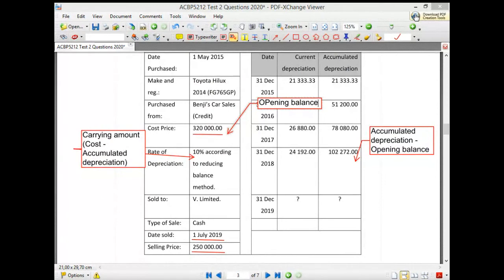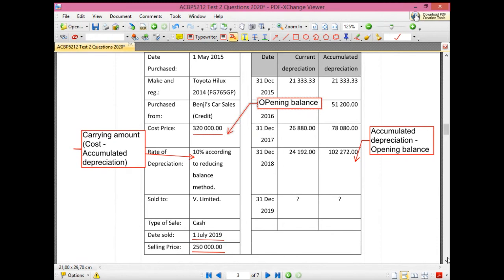Okay, so by just doing the balances, you would already have received a mark just for the opening balances.